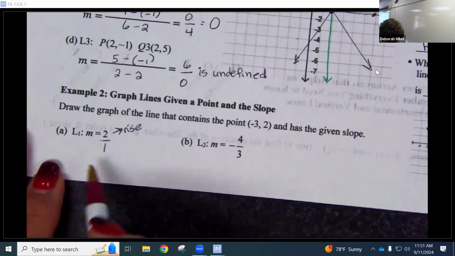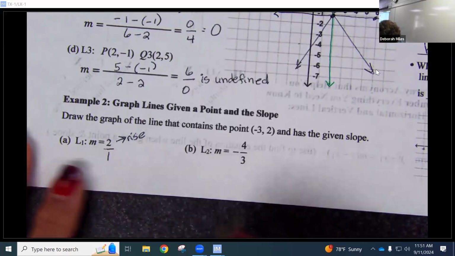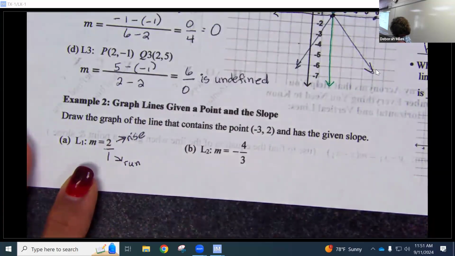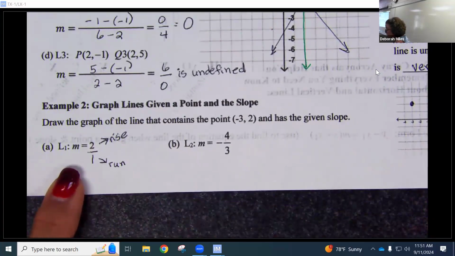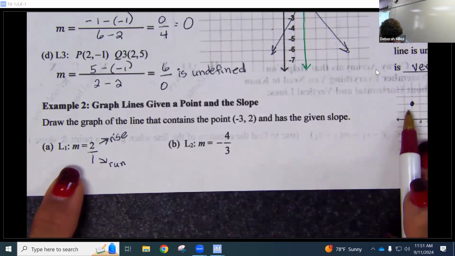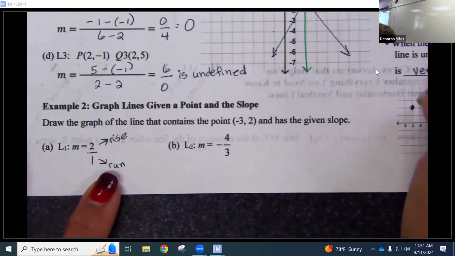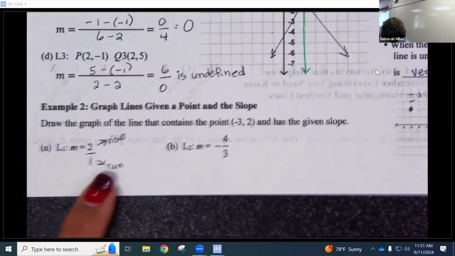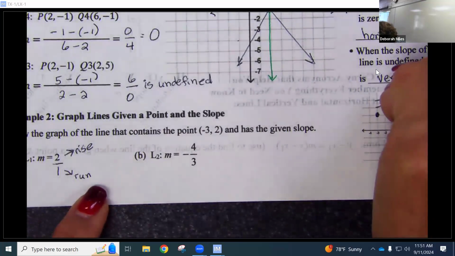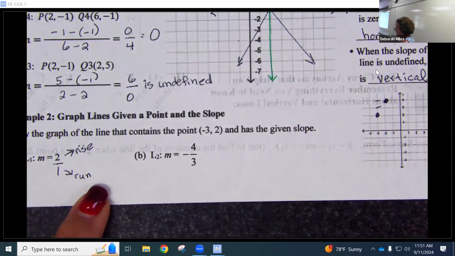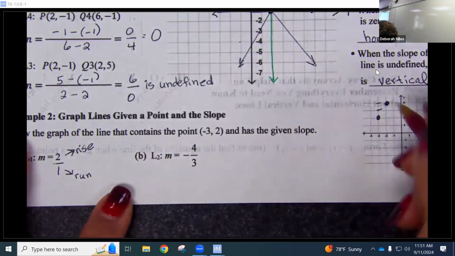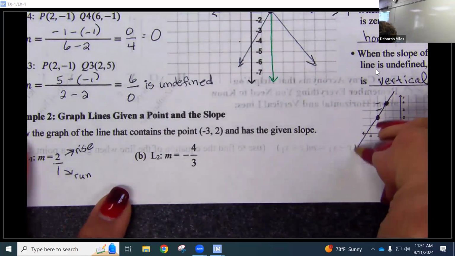And if I want to write the slope as a fraction, I can put 2 over 1 and see that 1 is my run. So I would start at that point and go up 2 to the right 1. And that's another point on the graph. So here's my very best line 1.